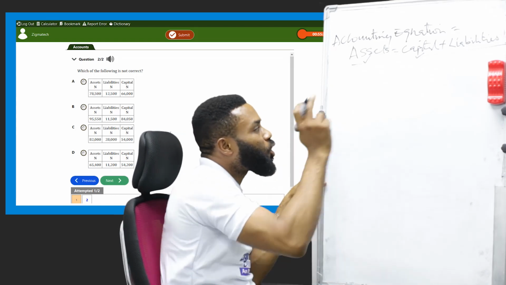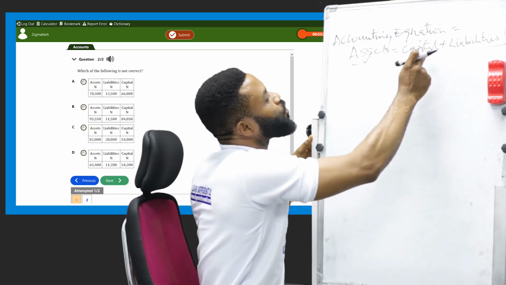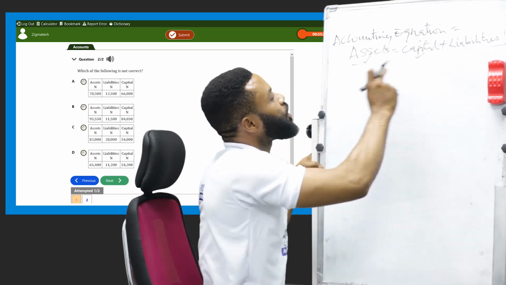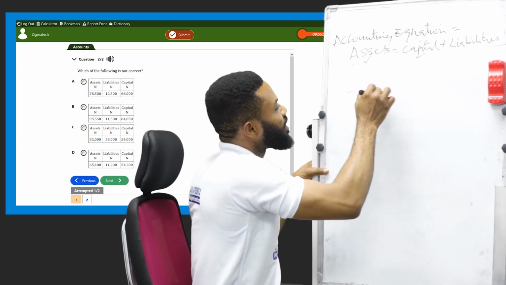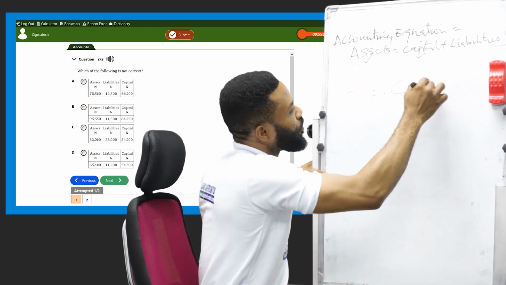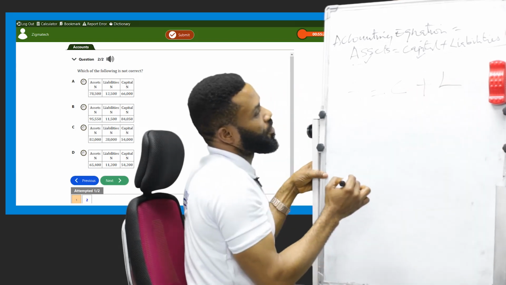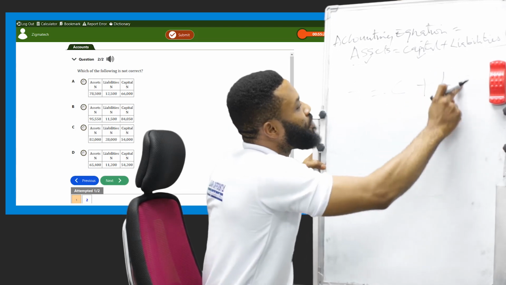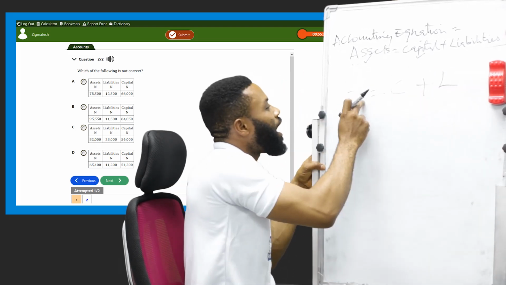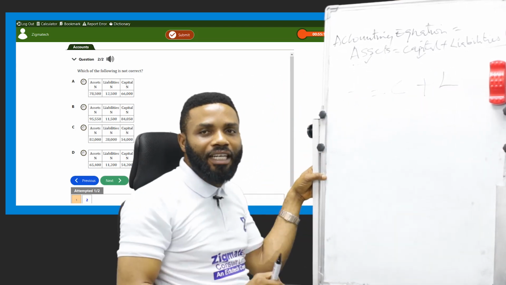The one that is not correct is the one where capital plus liability is not equal to asset. We said asset is equal to capital plus liability. So anyone that when you add up capital plus liability is not equal to asset, that is the one that is not correct.